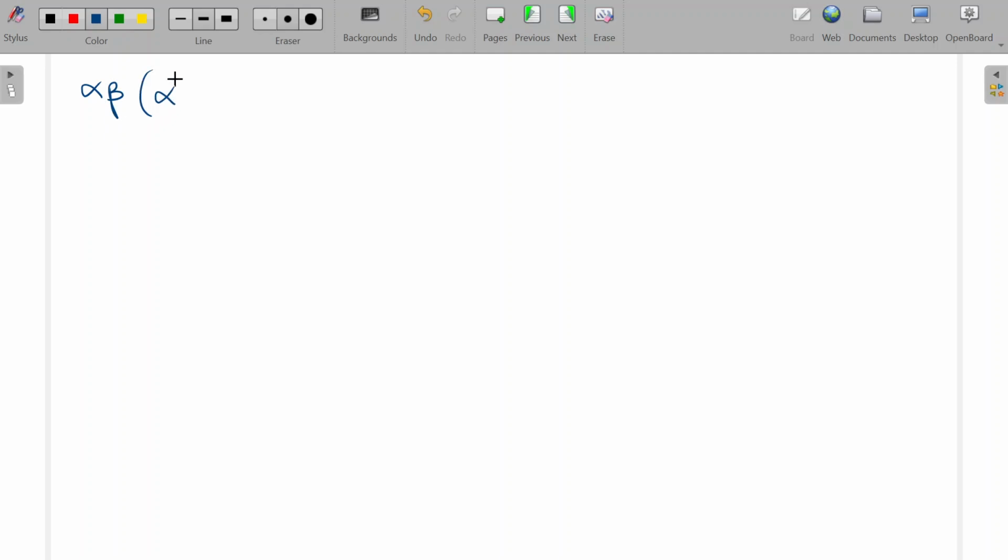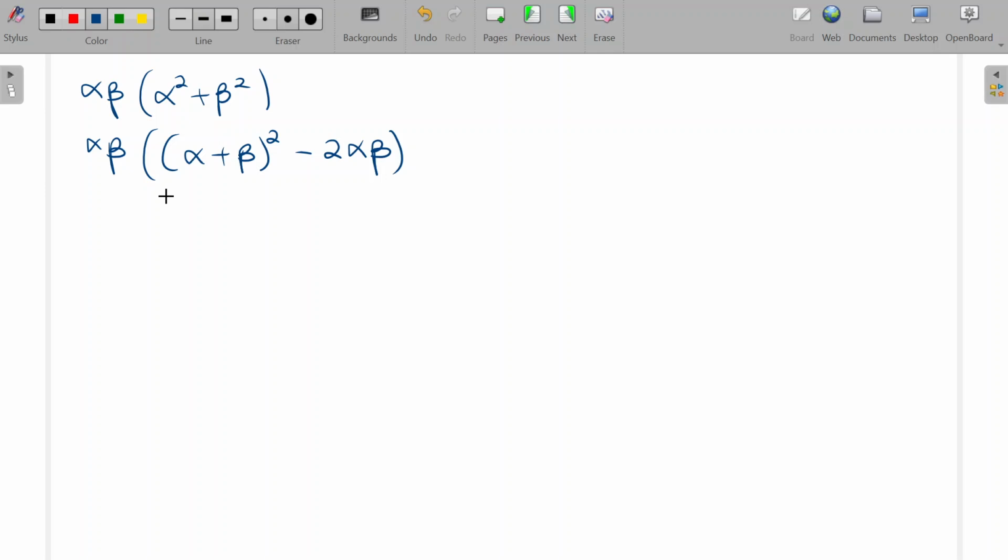The inside we had alpha squared plus beta squared. That's what we had. As a result, we are going to have alpha beta. Then here on the inside, you're going to replace it with that one which you've gotten now, which is alpha plus beta squared minus 2 alpha beta. Okay, that is what you have.